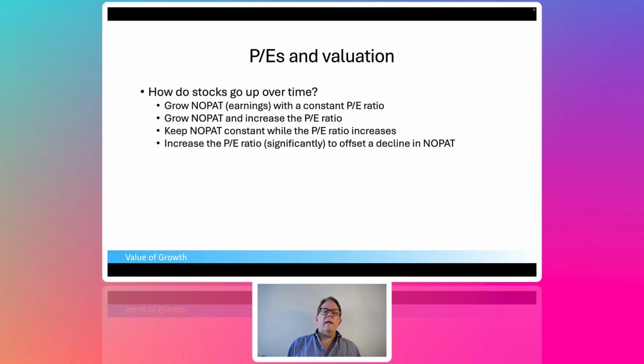And I think that sometimes investors get in trouble assuming a PE, forecasting earnings, and then using that estimated PE and those future earnings to determine a future price. It's not bad, but unless one really understands the drivers behind PEs, I think that is potentially dangerous because if you get the PE wrong, even if you're clairvoyant on the earnings, you have a great earnings forecast, you're going to be wrong on the stock price.